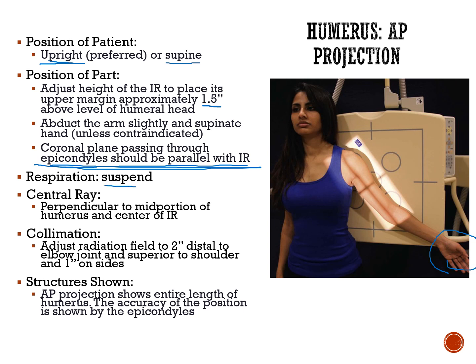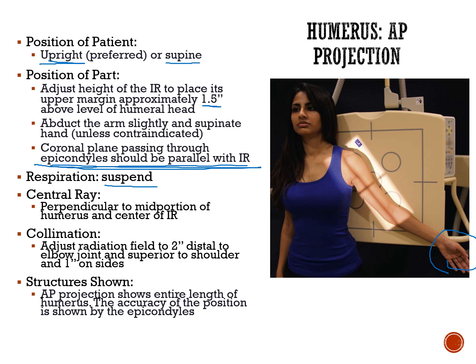We want to suspend respiration for this. We're going to be perpendicular to the midpoint of the humerus in the center of the image receptor. We want the radiation field to be 2 inches distal to the elbow joint and superior to the shoulder, and just 1 inch on each side. So we're going to collimate down as much as possible.